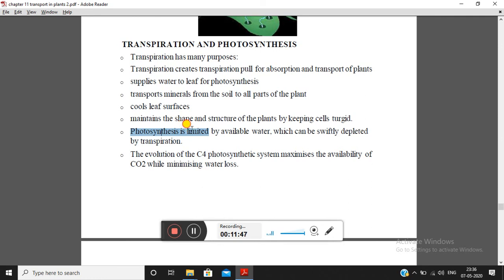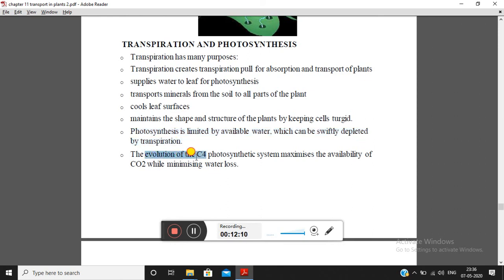Photosynthesis is limited by available water, which can be swiftly depleted by the process of transpiration. So when transpiration is taking place, there will be a loss of water, and photosynthesis also needs water. As a result, photosynthesis becomes limited due to the process of transpiration.